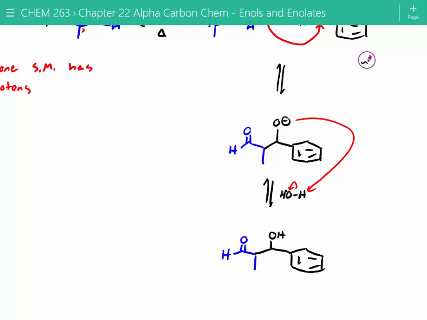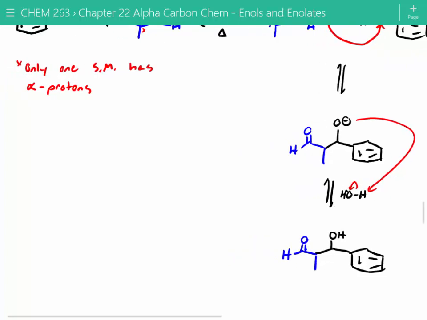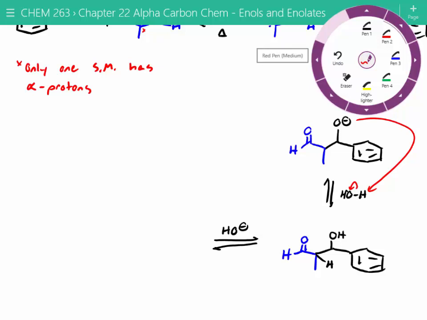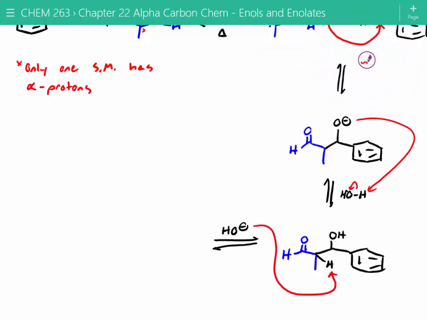What would our next step be? You can do it again. Yeah, exactly. We can drive the elimination. So if we look over here, we've still got an alpha proton. So this hydroxide can come, grab that alpha proton, clamp down, and kick off our hydroxide.